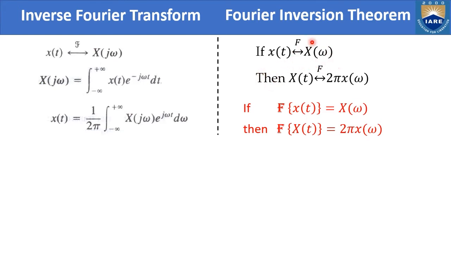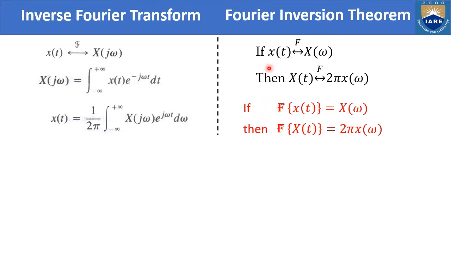That means capital X is on the right hand side, take it to the left and replace omega with t. In the same way, the small x of t on the left hand side, take it to the right and replace t with omega, and of course you have an additional term, 2 pi. It comes because of the 1 by 2 pi term in the inverse Fourier transform equation.